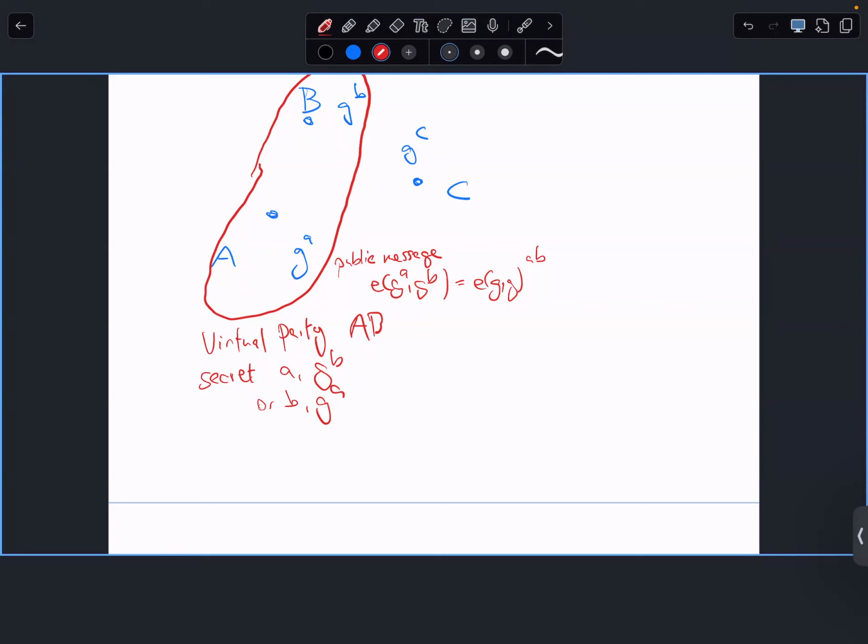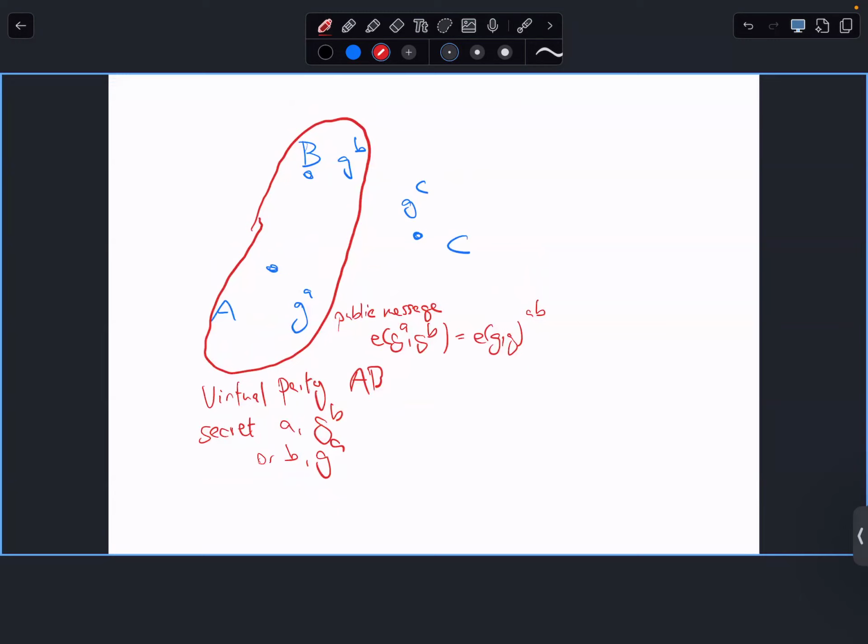And now he just needs his secret c to take this e(g,g) to the ab, raise it to the c, and get the secret key, right? So this is sort of what the three-party key exchange allows us. It's to sort of bundle or pair up two parties together and treat them like a virtual joint party.